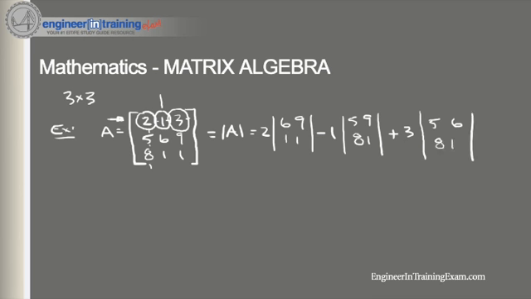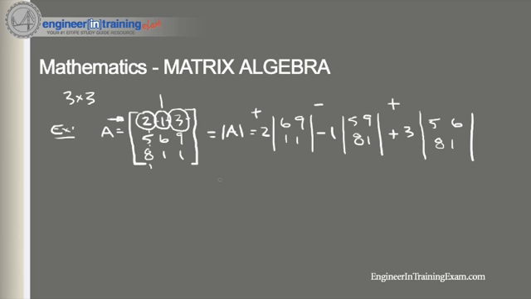It's important to note that when you're taking the determinant of a 3x3 matrix, the signs in front of the scalars alternate. So we have a plus here, minus, plus. It's not adding them all together. It's plus, minus, plus. We can go through a whole proof of that, but there's no time to do that on the test. Just remember that.